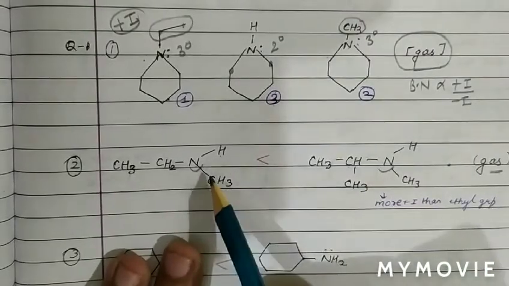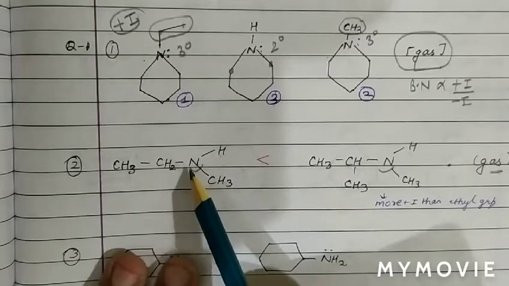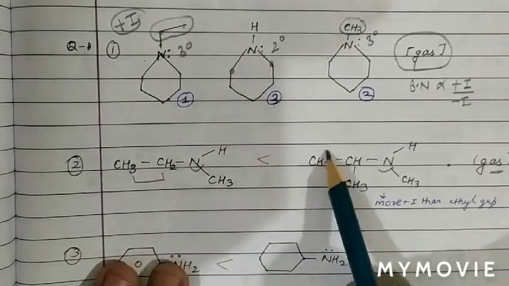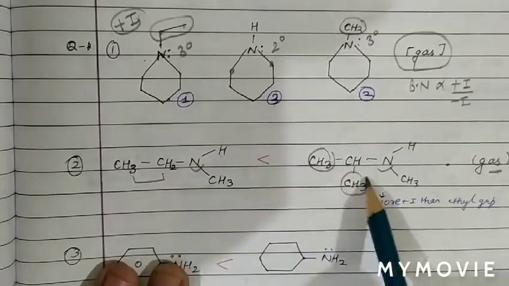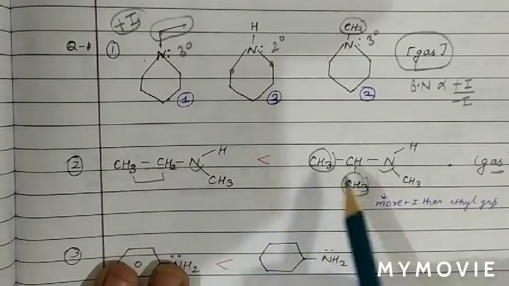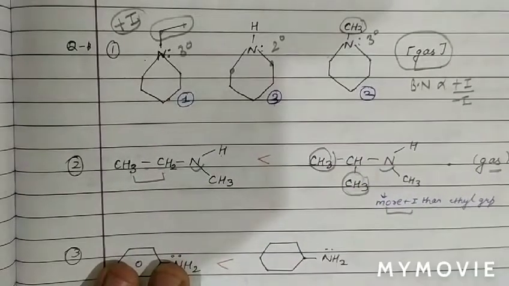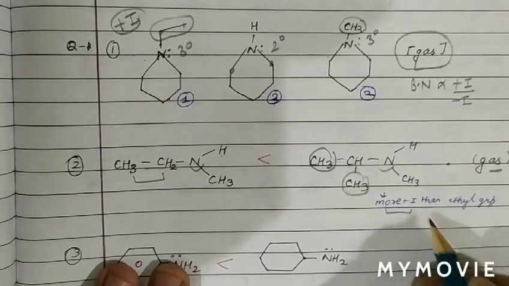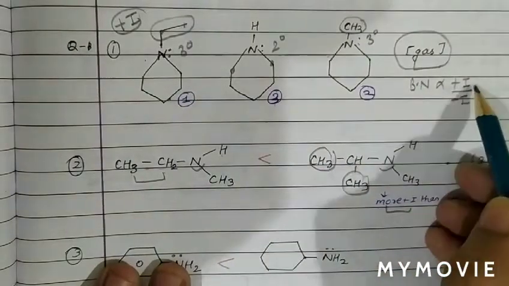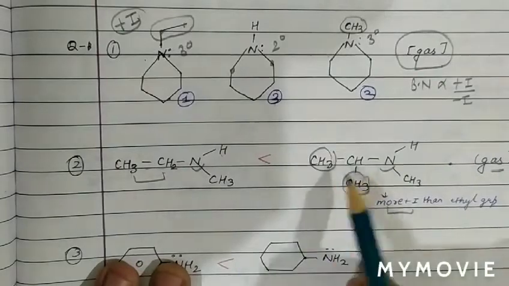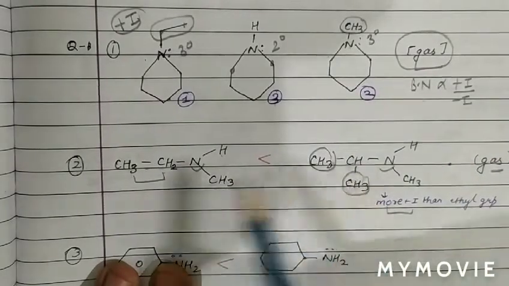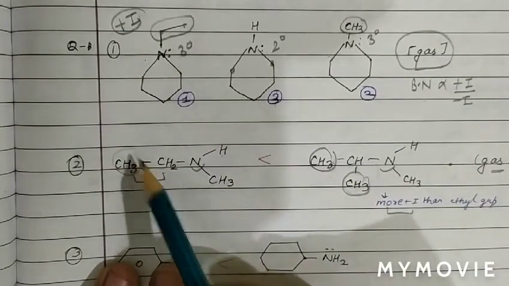Now see, there is an ethyl group and there are 2 methyl groups. So basically here there is only an ethyl group, and on the ethyl group 1 CH3 also. It means more plus I, and basic nature is directly proportional to plus I. So due to 2 CH3 groups here it is more, while here it is only 1 CH3.